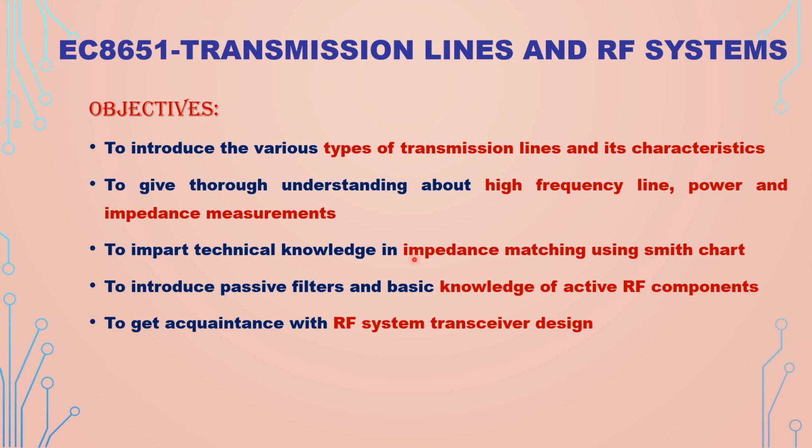From the fourth unit, we are going to introduce passive filters and basic knowledge of active RF components. And from the fifth unit, you will get knowledge about RF system transceiver design. So this is the objective of this subject.